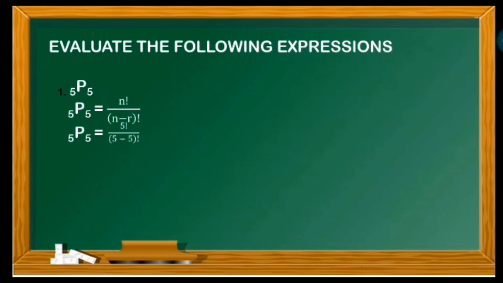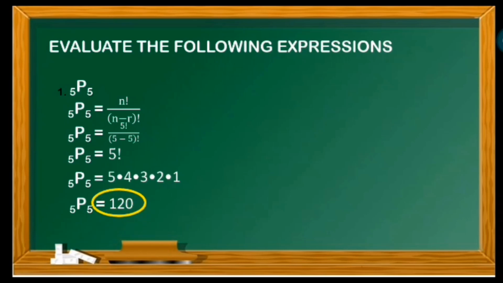So 5 factorial is equal to 5 times 4 times 3 times 2 times 1. Our answer is equal to 120. 5 factorial is equal to 120.